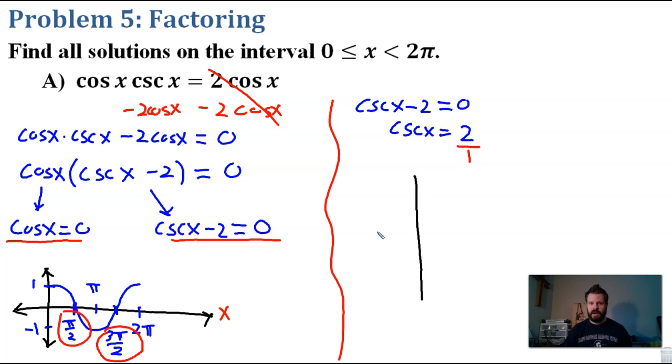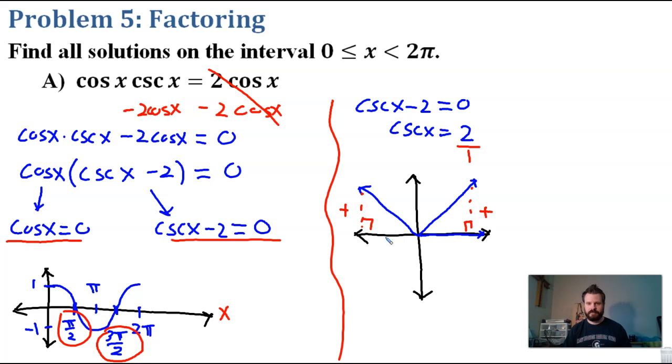Let's go to our angles in standard position. We want to know where cosecant's positive. Well, that's going to be where there's a positive opposite side, so that will be in the first quadrant and the second quadrant. Because again, both of these reference triangles would have positive opposite sides.